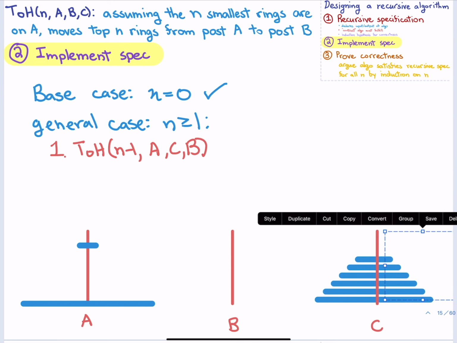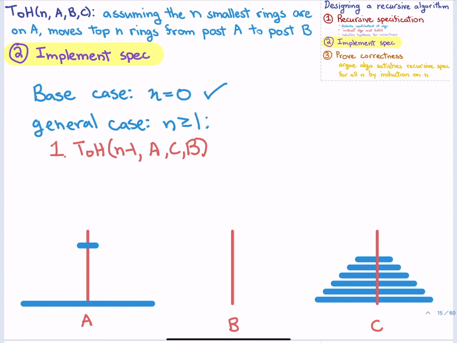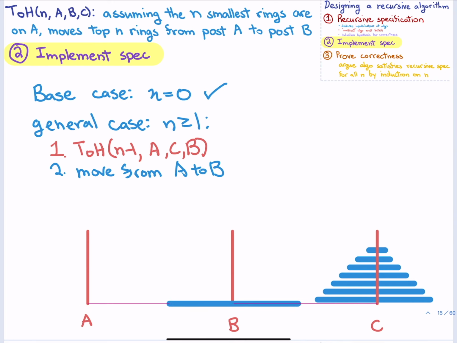All right, what's step two? Now move the last ring from A to B. Great.